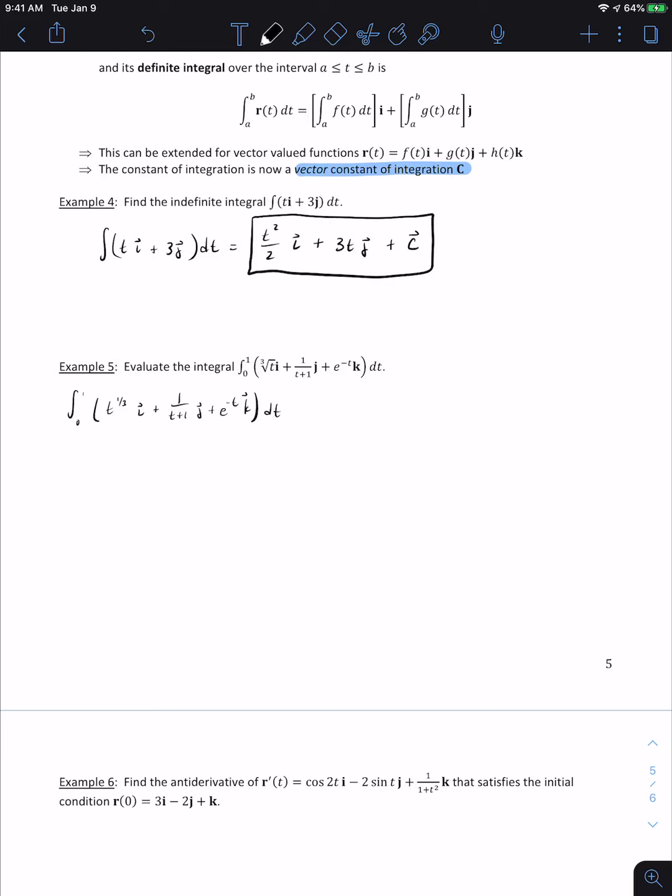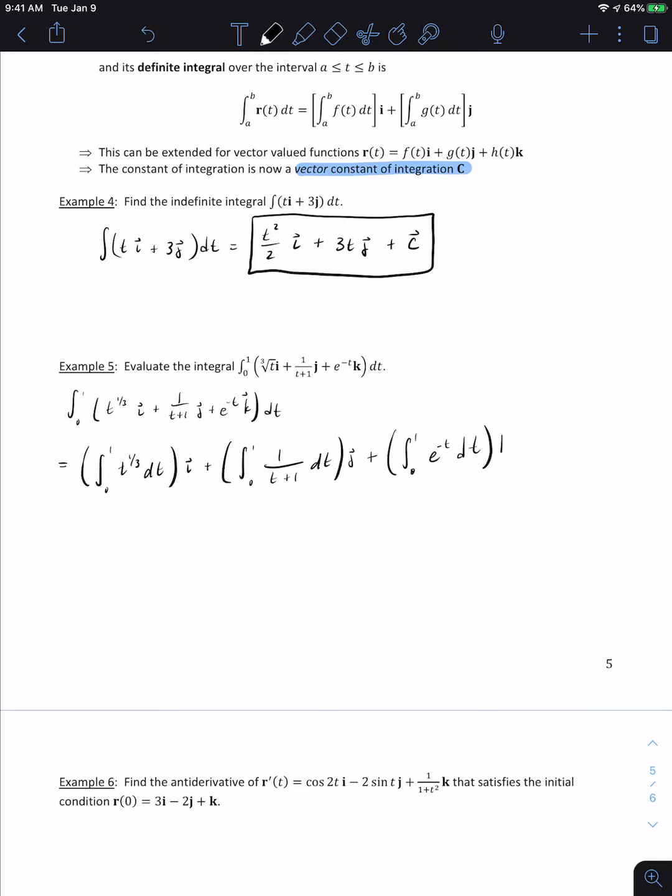Well, I could rewrite that as the integral from 0 to 1 of t to the 1/3 dt i, plus the integral from 0 to 1 of 1 over t plus 1 dt j, plus the integral from 0 to 1 of e to the negative t dt k. So basically, I just distributed the integral to each component.